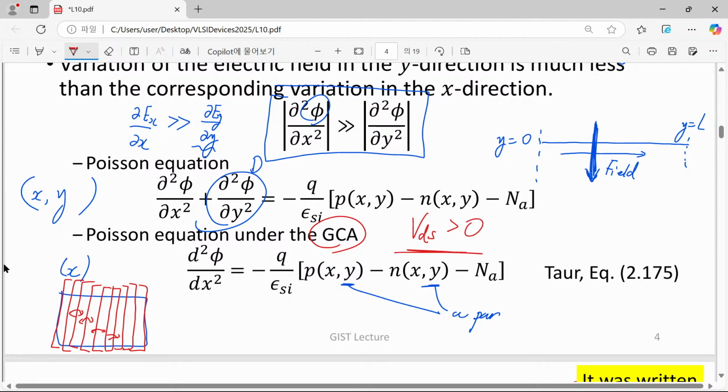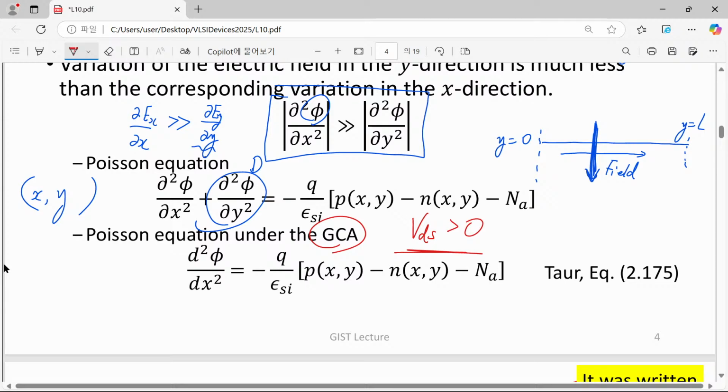Then we have quite a strong lateral electric field, and this high lateral electric field also introduces high variation of the lateral electric field, so that will violate the gradual channel approximation. So that is the one we have to be careful about. But except for that condition, we can apply this gradual channel approximation quite well. I think that this is one important understanding.